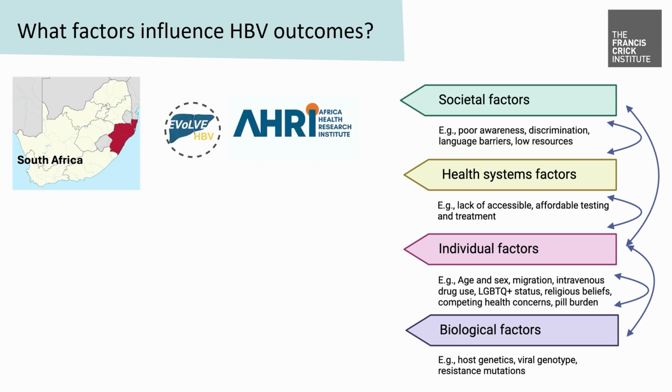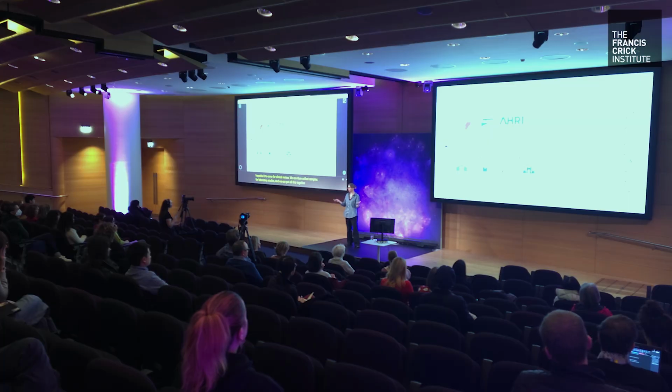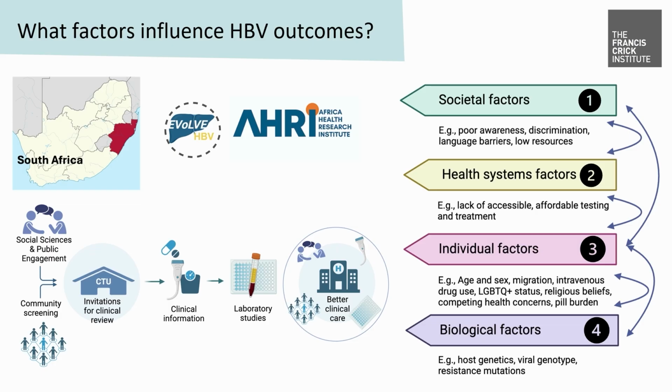So what we're trying to do is set up programs that tackle all of these different components, all of these different barriers. So we're using this community screening that I've already described. We're engaging with the public, and we're then inviting people living with hepatitis B to come for clinical review. We can then collect samples for laboratory studies, and we can put all this together to try and develop better packages of clinical care.